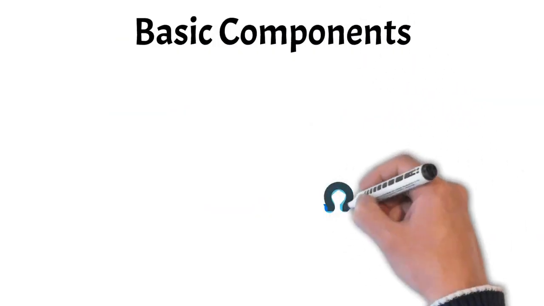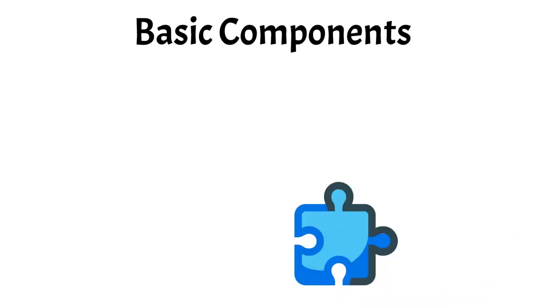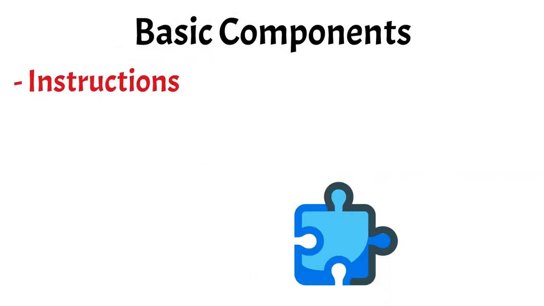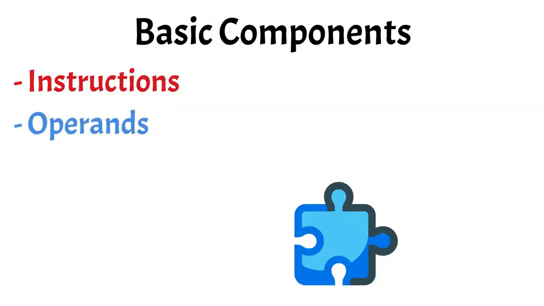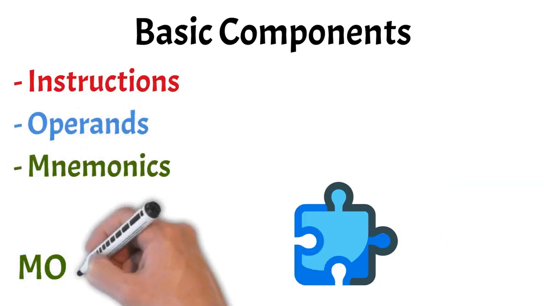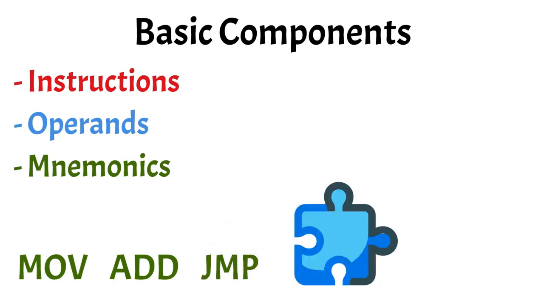The basic components of assembly language are the building blocks that allow you to communicate directly with the computer's hardware. These include instructions, which tell the computer what action to perform, and operands, which specify the data the instruction will work on. Assembly uses mnemonics, that is, human-readable abbreviations like move, add, or jump, to represent these instructions.